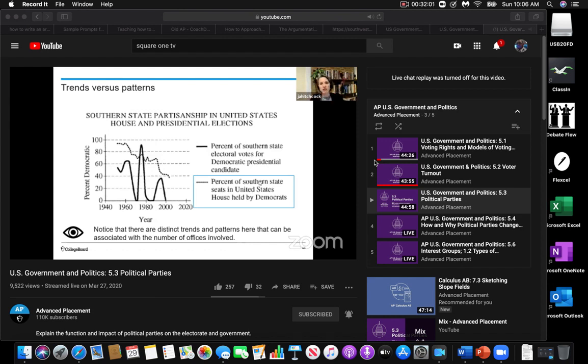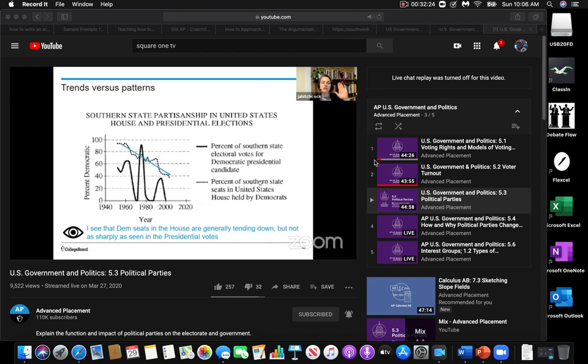Across the bottom, we've got a time span, a time series running from 1940 to around 2000, I'm sorry. We have two different measures here. One of them is seats held by Democrats in the House in the South, and the solid black line is percent of Southern state electoral votes.